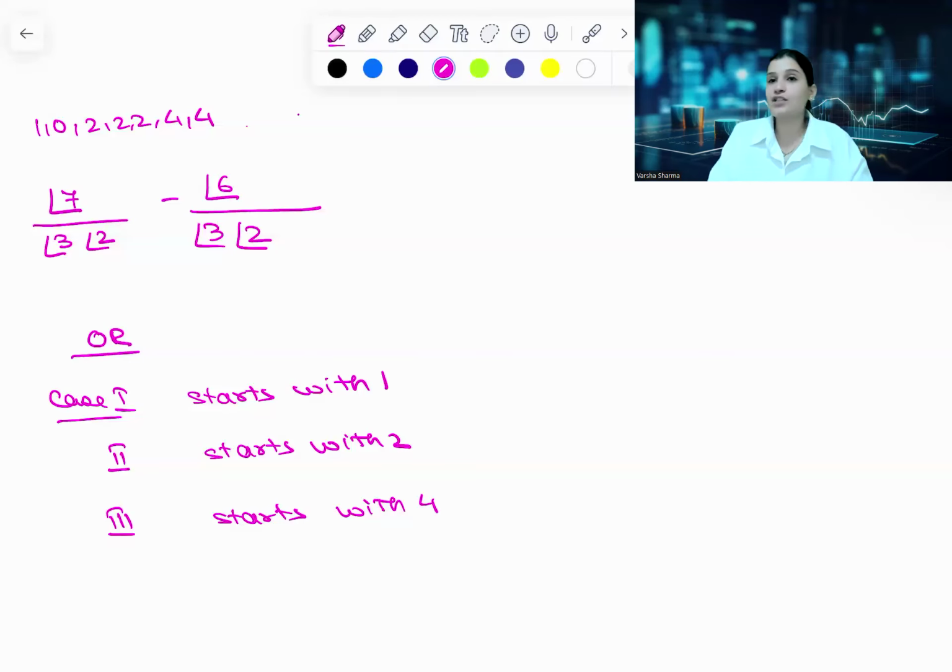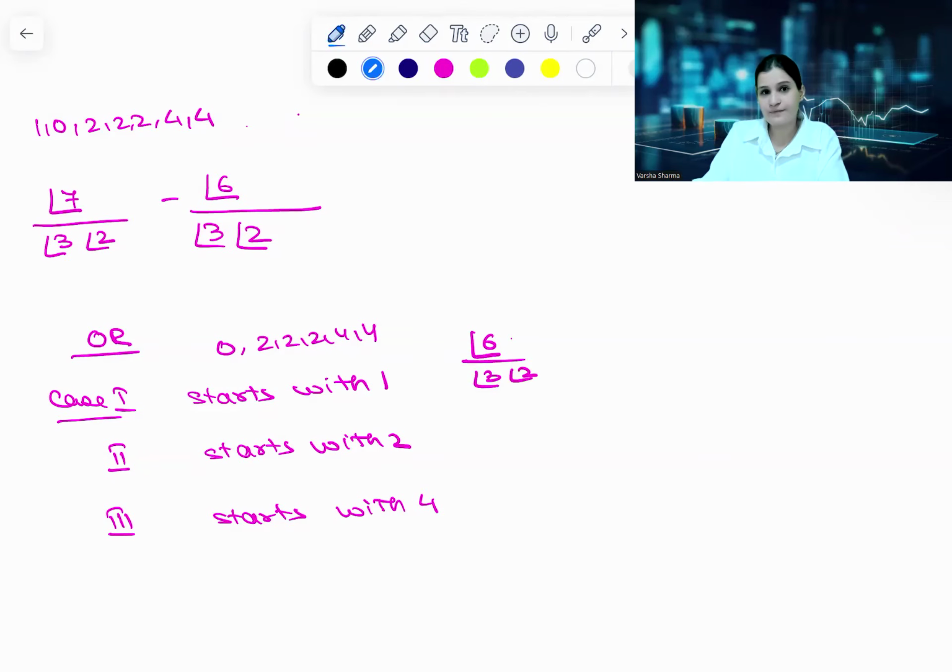So if the number starts with 1, the first place is filled, 1 way. How many digits are left? 6, so 6 factorial. If 1 is gone, I am left with these digits. Yes or no? So that's why 6 factorial. Now in those 6, there are 3 twos and 2 fours. Yes or no? Yes.